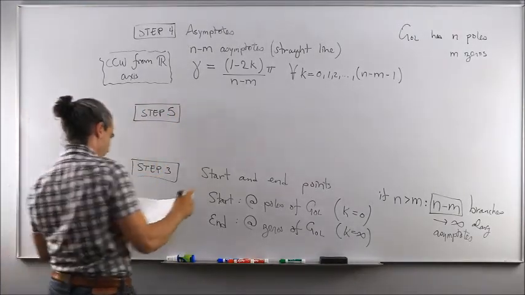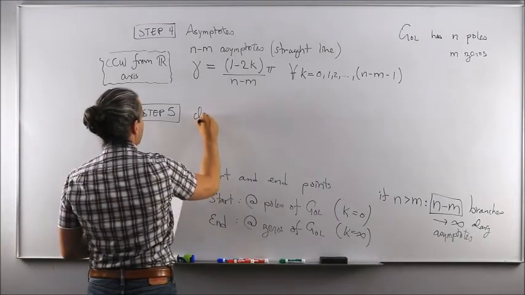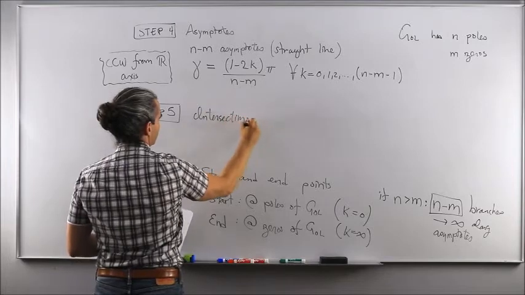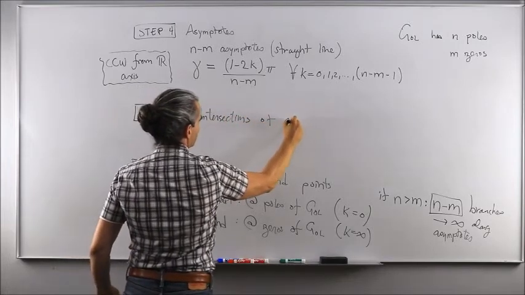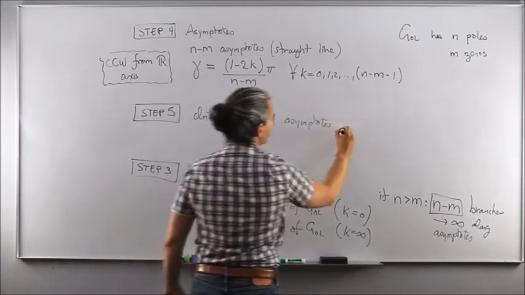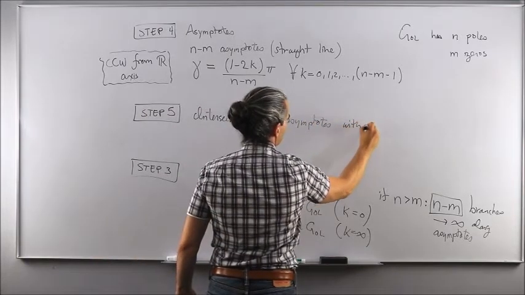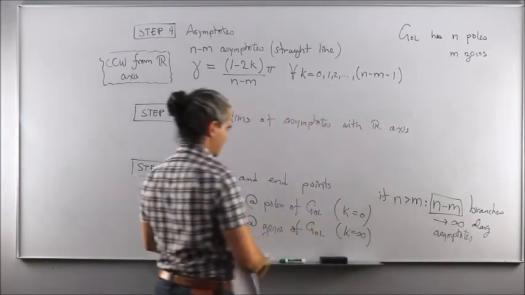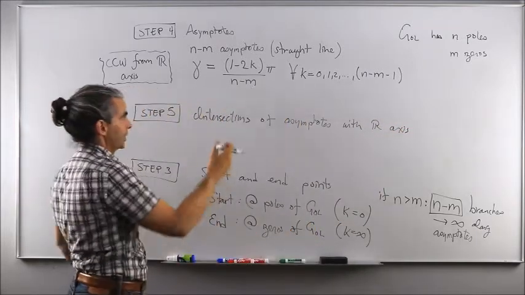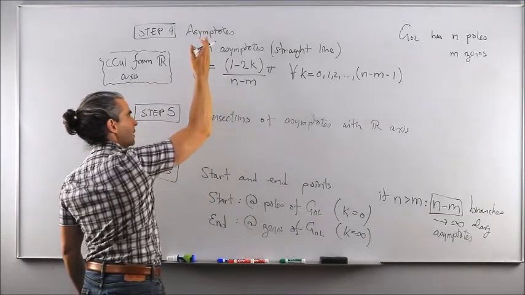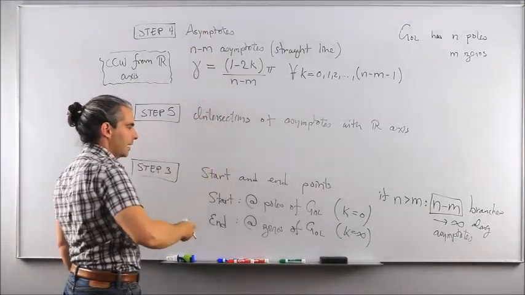Step 5. We're going to calculate the intersection of our asymptotes with the real axis. Because now we know that in our example, we had one asymptote at pi over 2, straight up, and minus pi over 2, straight down.